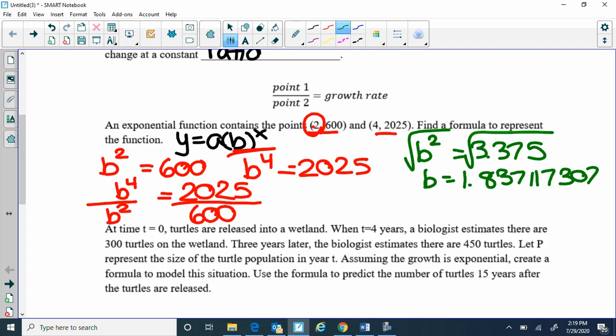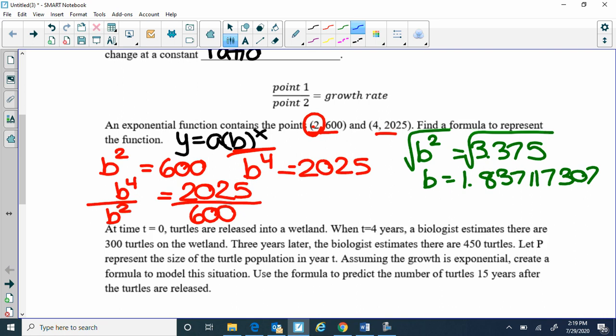And once I have my b value, I can very easily find my a value. I'm given some points here. I know that if I do a times b raised to the second, that x value, I should get 600.